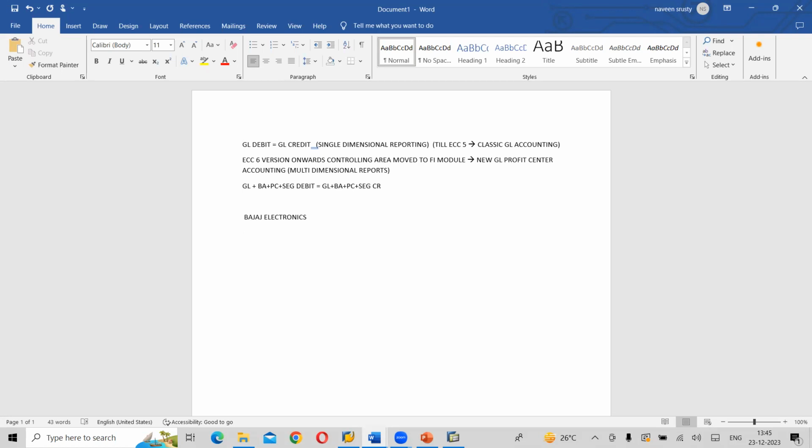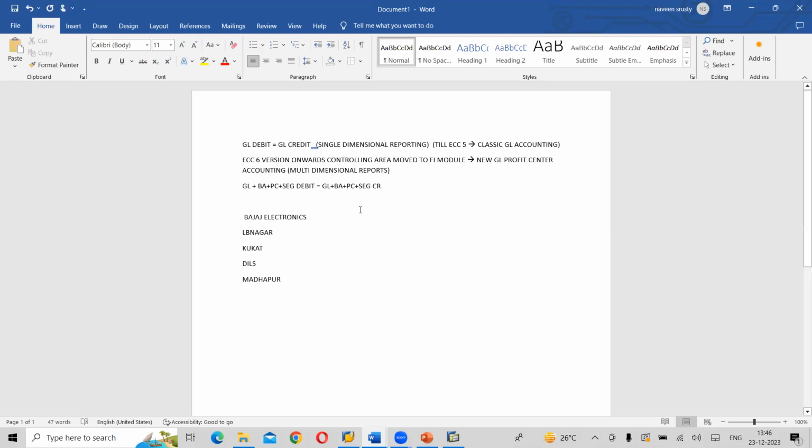Correct? Kukatpalli, one branch. Next one we have Dilshuk Nagar. Next one High Tech City, Madhapur. Next one we have LB Nagar. Like this we have a few more.